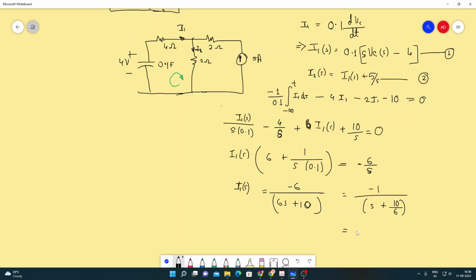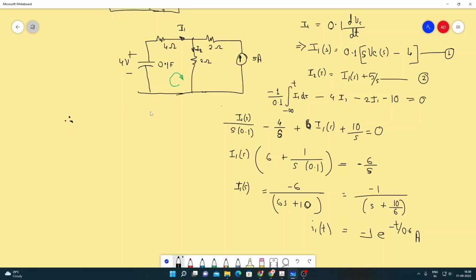So in time domain I can write I1(t) equals minus 1 e to the power minus t by 0.6 ampere.